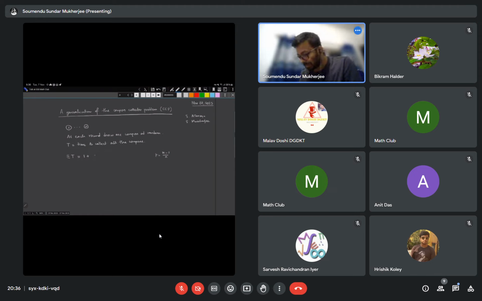So the time to collect the next coupon on an average is n by n minus 1. Similarly, for the next new coupon, the probability of collecting it in a round is n minus 2 over n. So you get n by n minus 2, all the way up to n.